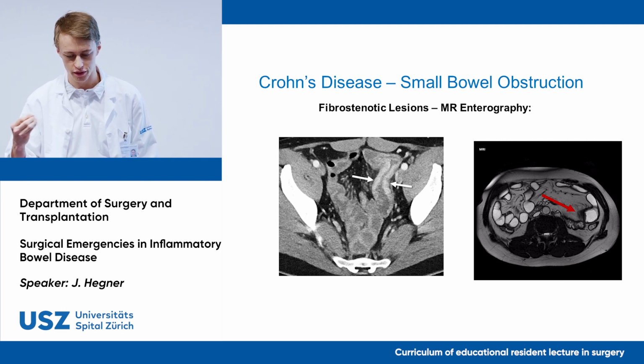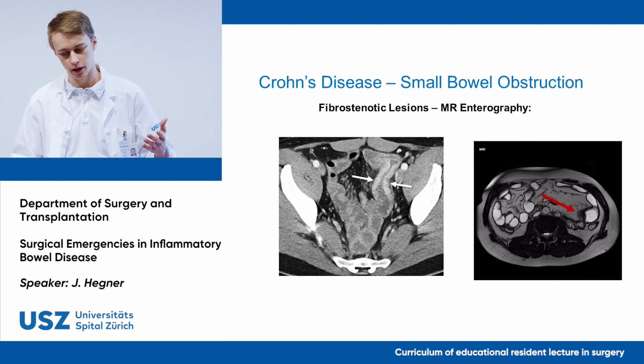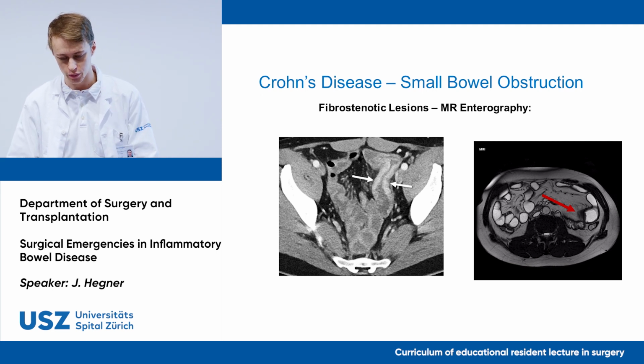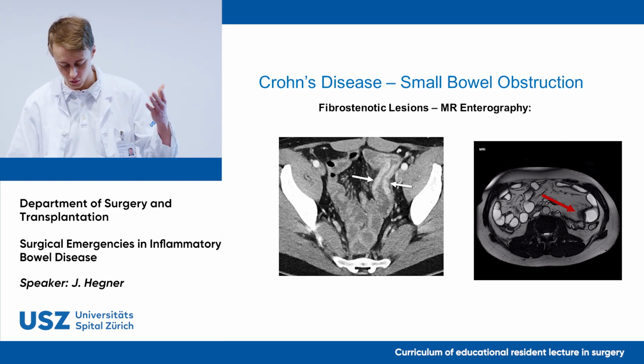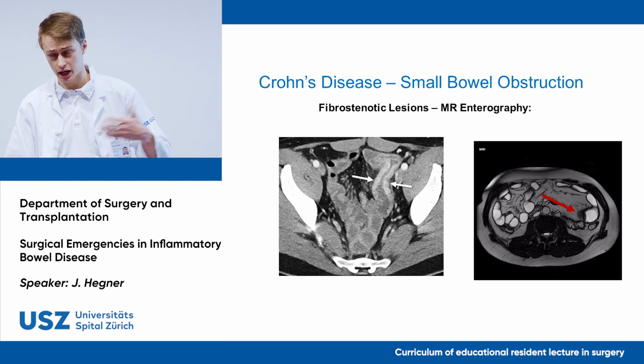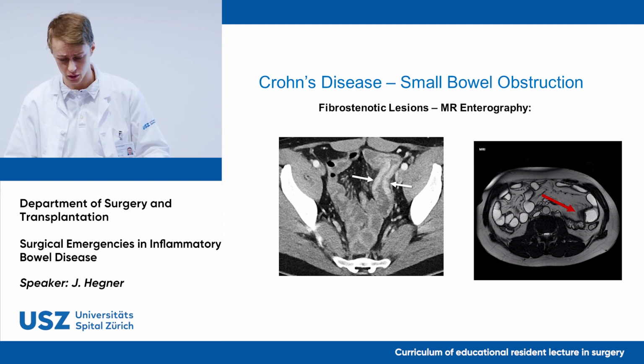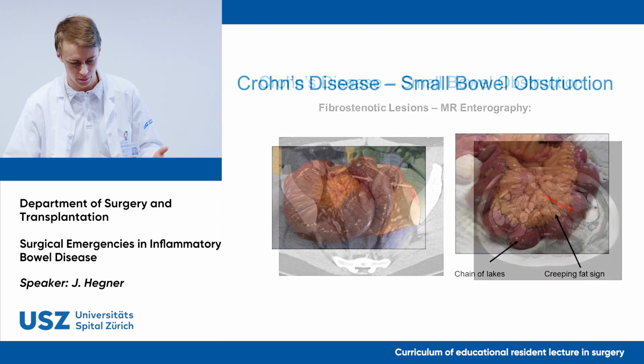Now, depending on the extent and the severity of the stenosis, there are various surgical or medical therapies that we can provide. In a very acute setting where a conservative therapy is not an option, one has to operate and resect the affected bowel. We have a very nice example here.